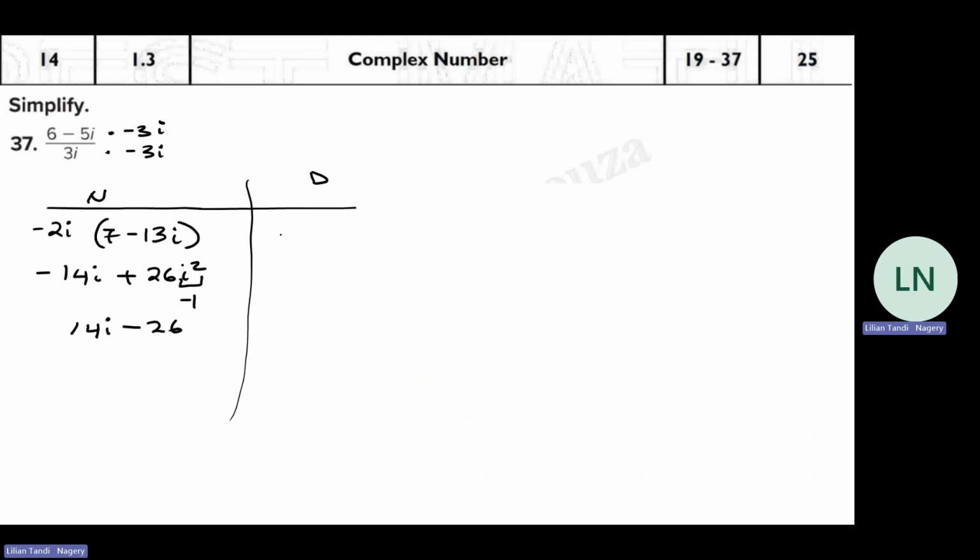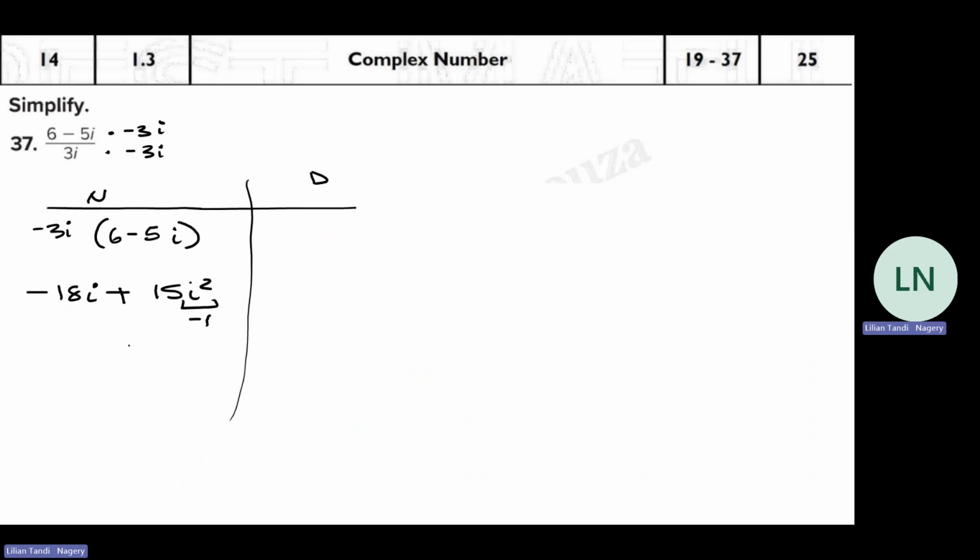So then here you're going to have, where am I getting my numbers from? This is 3i, and this is 6, and this is 5i. Sorry about that. So this will be negative 18i plus 15i squared.